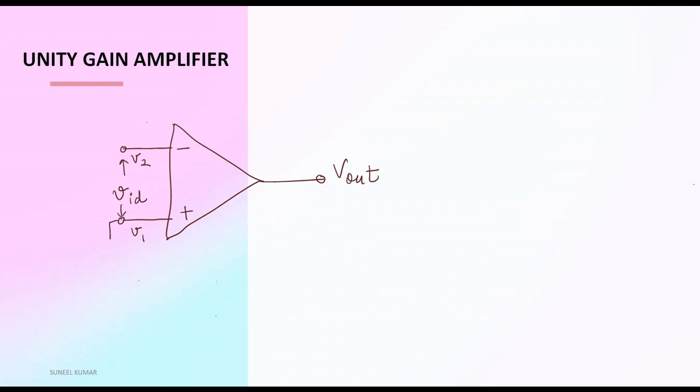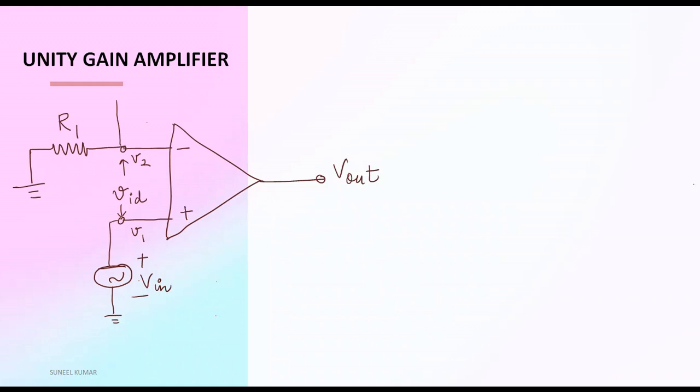So in the non-inverting amplifier, we have connected a voltage here, plus, minus. Let's say this is V input, and this inverting terminal is grounded through this resistance R1.